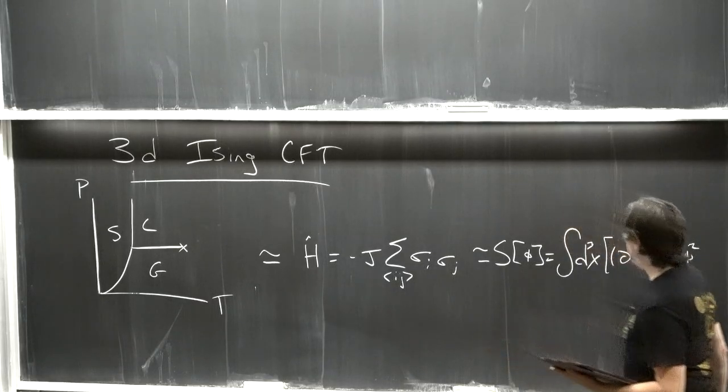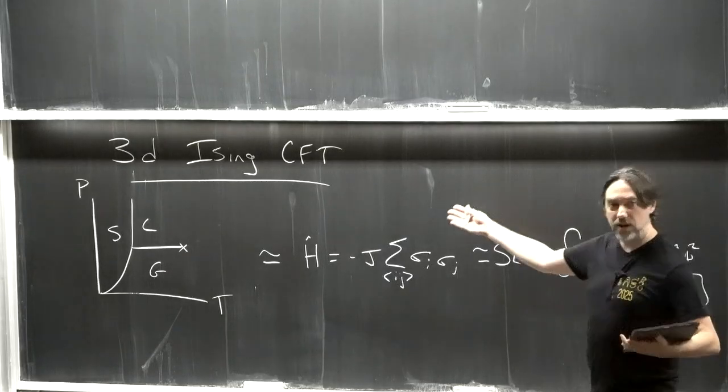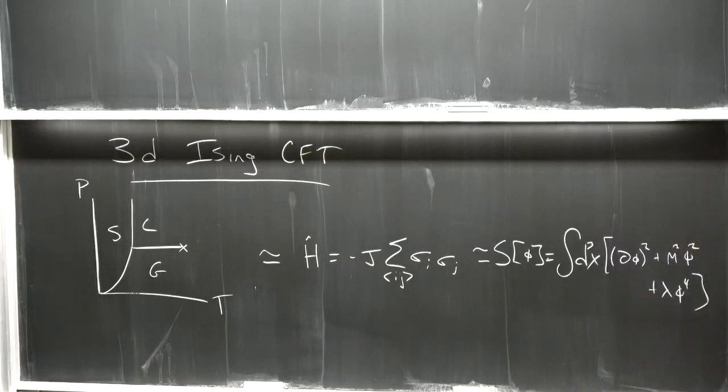Now there's a very long history of trying to understand this theory. For example, there's the Wilson-Fisher fixed point in 4 minus epsilon dimensions. That's basically phi to the 4th theory in 4 minus epsilon dimensions. You can find a critical point perturbatively in epsilon and calculate the properties of the CFT order by order in the epsilon expansion, right?